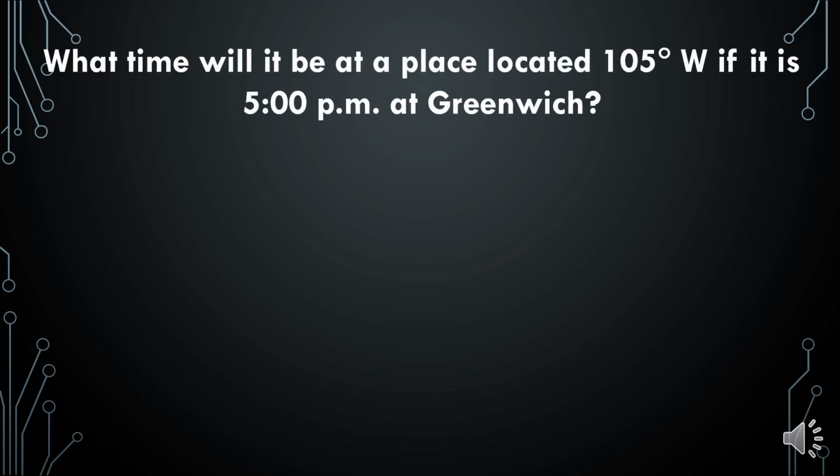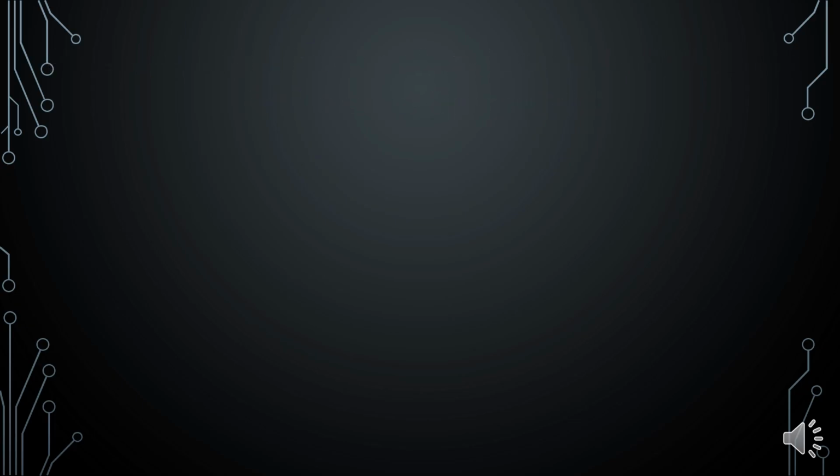Let us look at the question seen here. What time will it be at a place located 105 degrees west if it is 5 p.m. at Greenwich? The first thing we're going to do is to calculate the difference in time between 105 degrees west and the Greenwich meridian. Therefore, we're going to divide our longitude 105 degrees by 15 degrees.